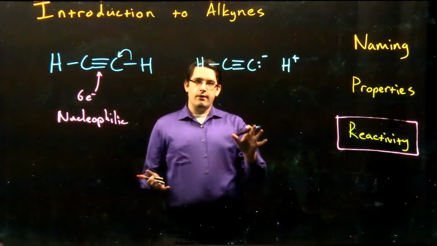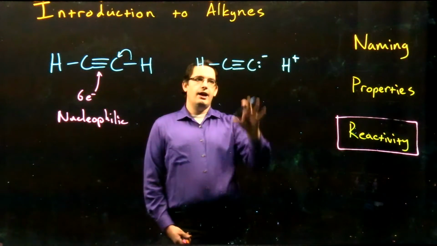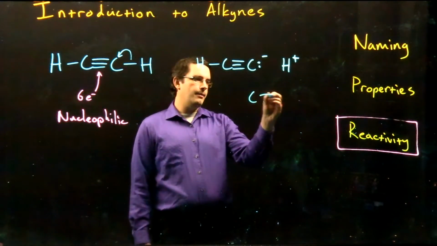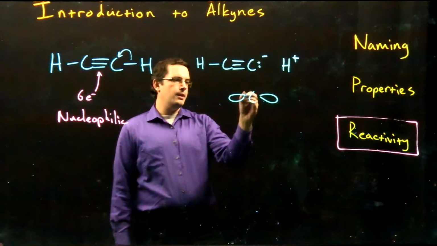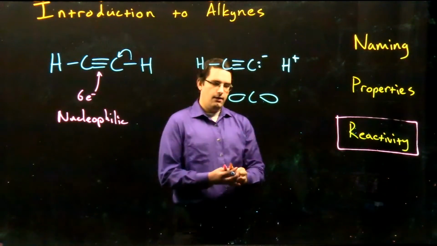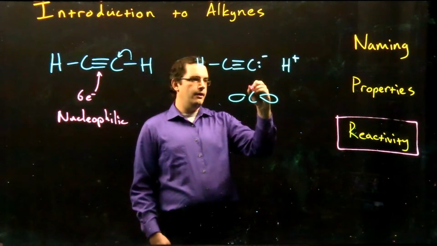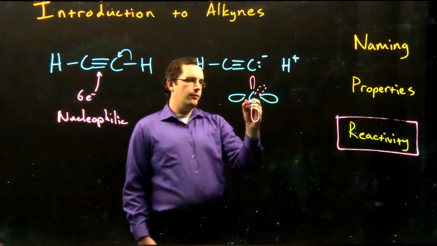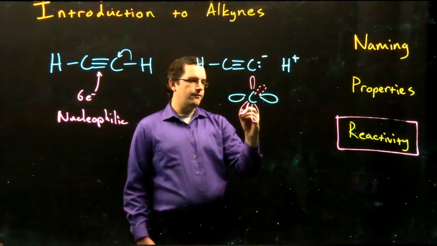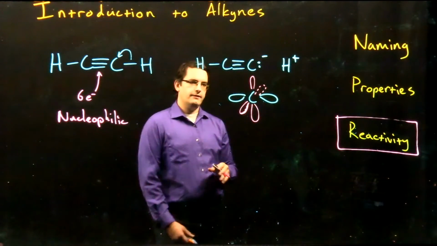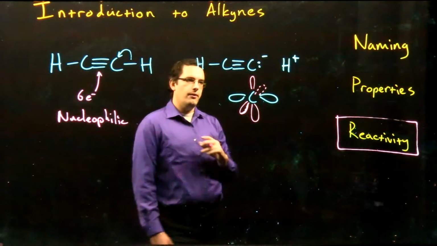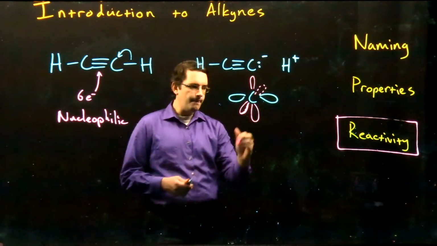Now if this were to occur, at this point we have our carbon here. Remember, this is an sp hybridized carbon, so it has those two sp orbitals, and then of course the p orbitals, which I'll draw here in pink. So we have one going up and down, and then one going backwards and forwards in the z-axis, right? Remember, wedge coming out towards you, dash going away from you.